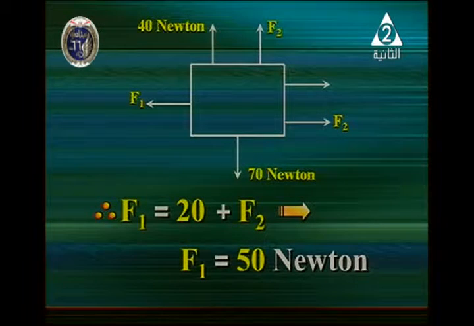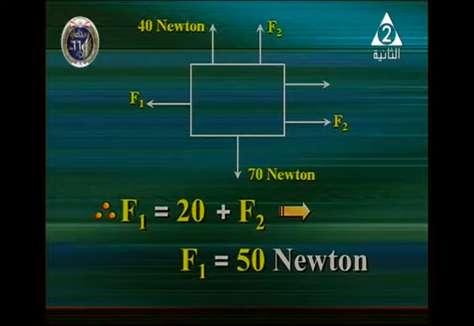We have two forces, F1 and F2: F1 is 50, F2 is 30. In the vertical equation, F2 plus 40 equals 70.